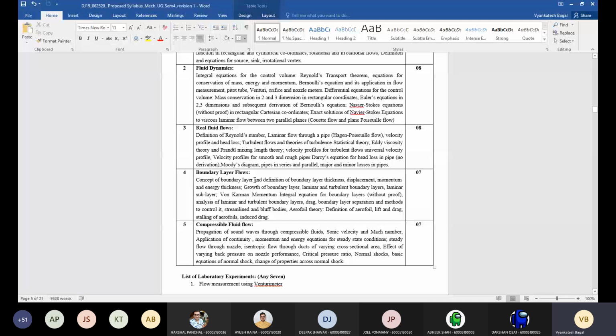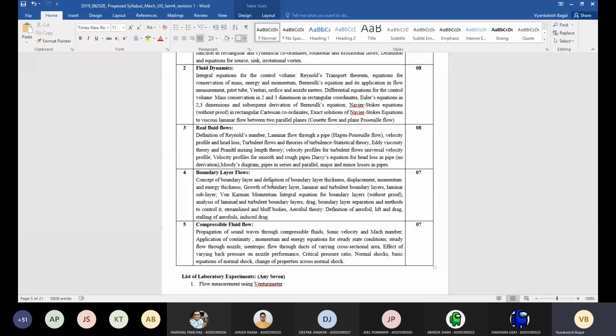So we'll talk about the concept of boundary layer, how this concept came into the picture, what is the use of this concept, the person behind this concept, the scientist Ludwig Prandtl, and how this concept was a breakthrough in the developments we see today in aerodynamics.